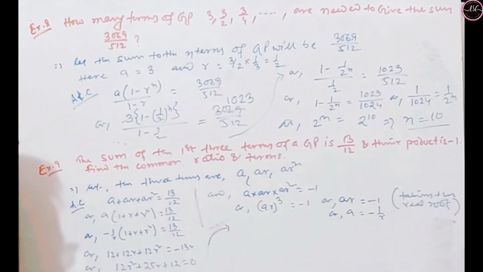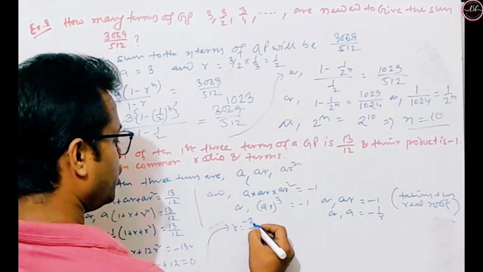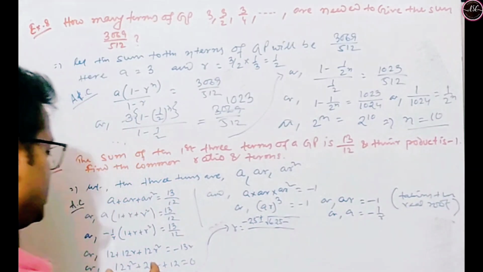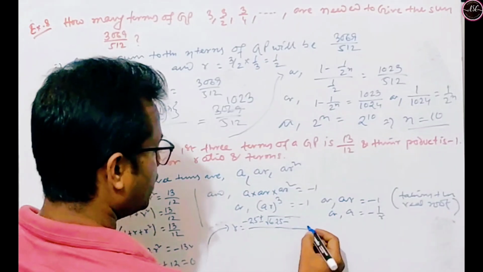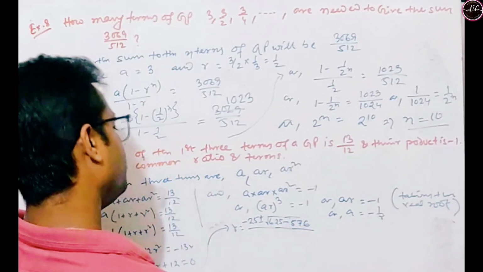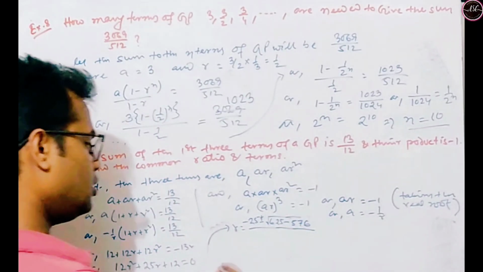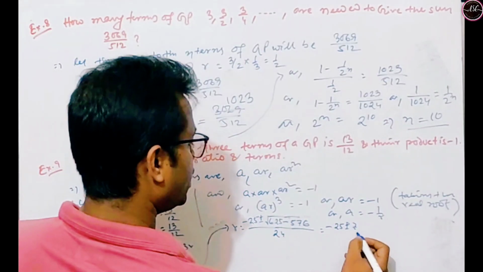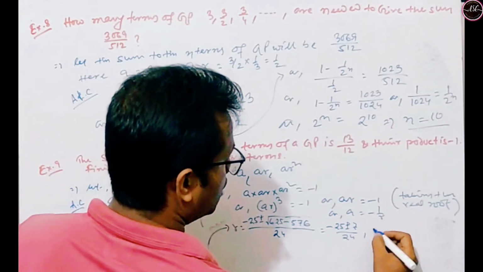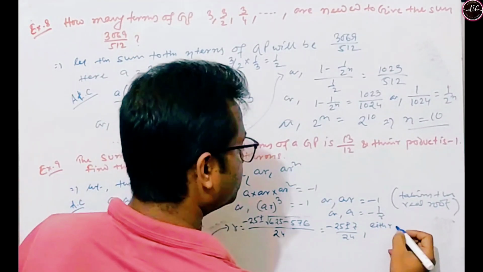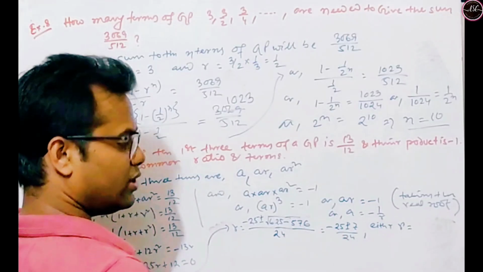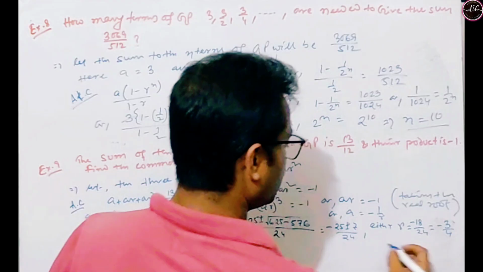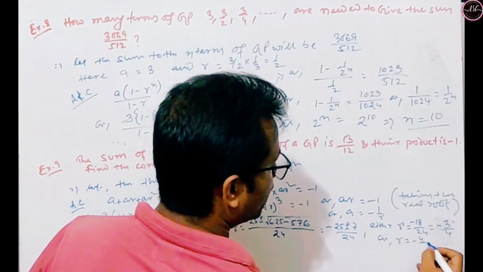Just applying the quadratic formula, we get R equals minus 25 plus minus root of B square, that means 625, minus 4AC, that means 4 into 144, that means 576, divided by 2A, that means 24. So it will be minus 25 plus minus 7 divided by 24. So either R equals minus 18 by 24, that means minus 3 by 4, or R equals minus 4 by 3.